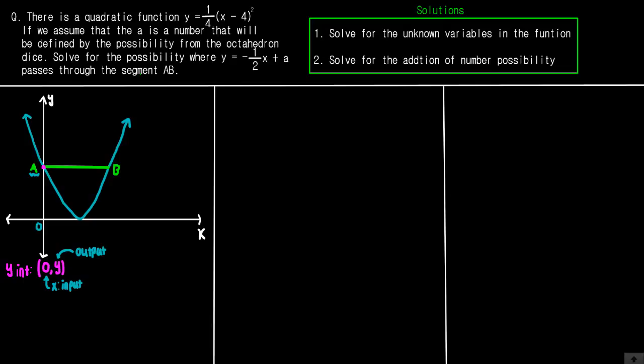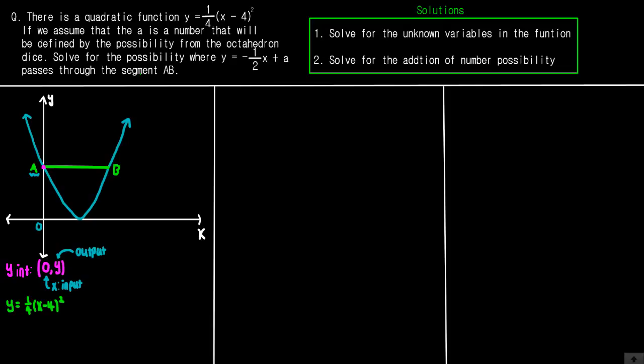So if you write our original function down, our original function is y is equal to 1 over 4 times (x minus 4) squared. And when it comes to solving for the y-intercept or also the x-intercept, the binomial form is optimized when solving for the solutions of the function, but from this function, we can just input our x value as 0.